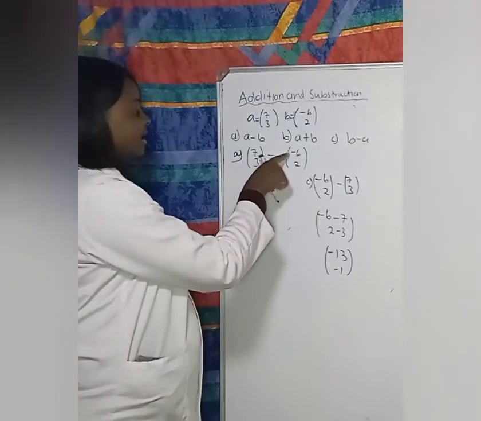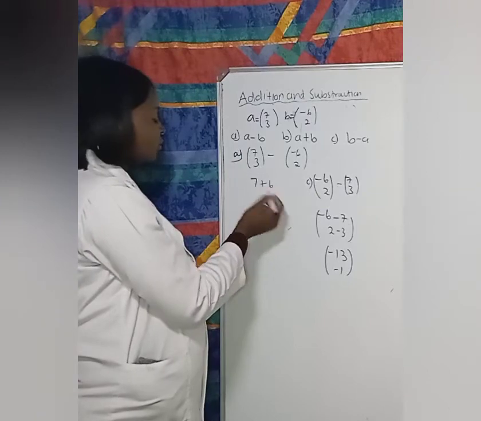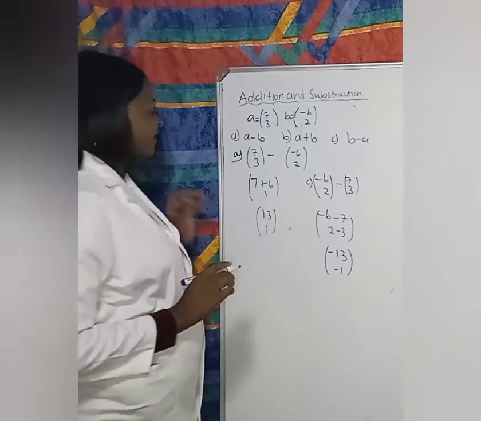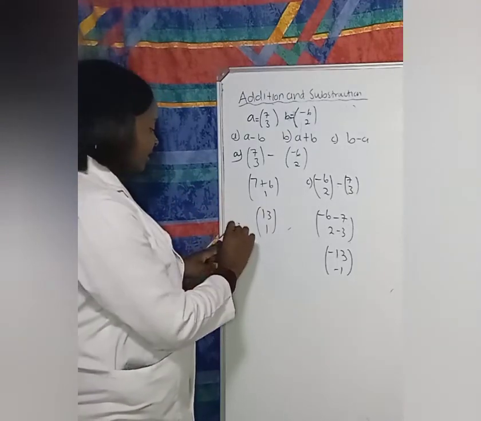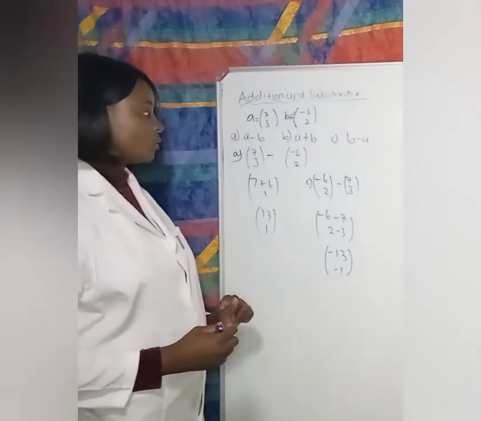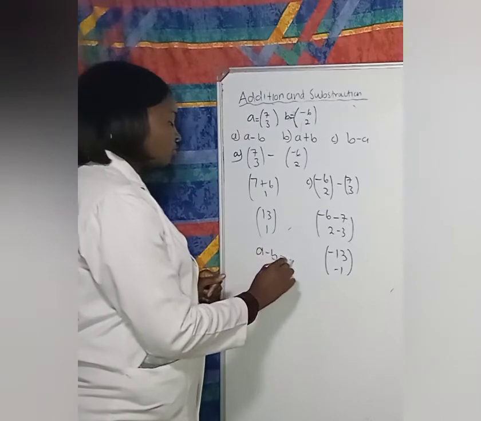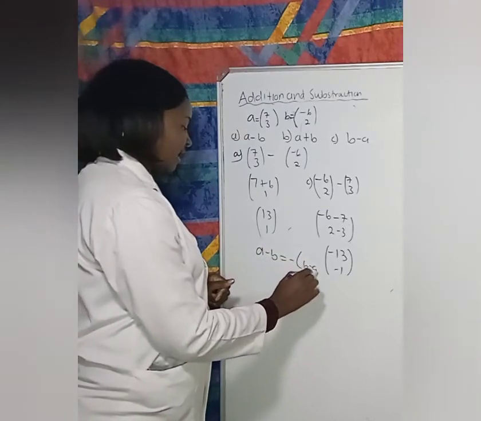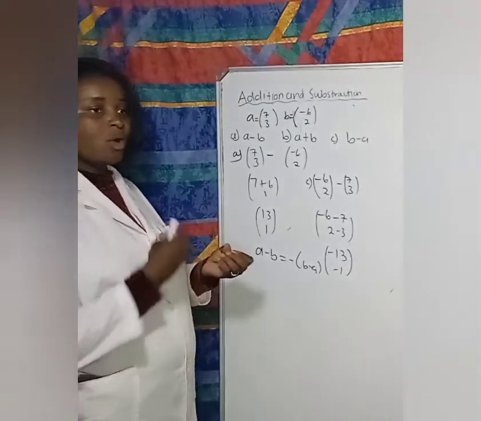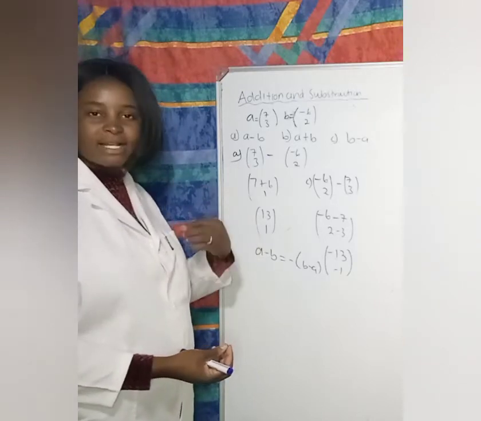We said 7 minus -6 becomes 7 plus 6. 3 minus 2 is a 1. So 7 plus 6 is 13. Have a look at this. A minus B is (13, 1). B minus A is (-13, -1). So in other terms, A minus B is equal to minus (B minus A). Remember I told you at the beginning that whenever you oppose the direction of a vector, your answer will become minus of that answer.